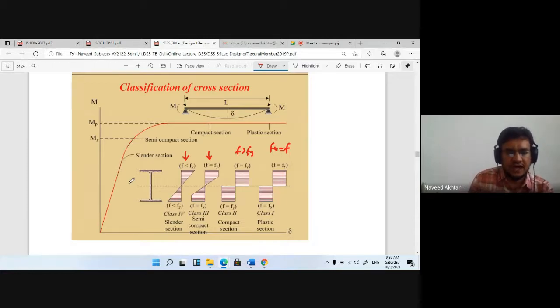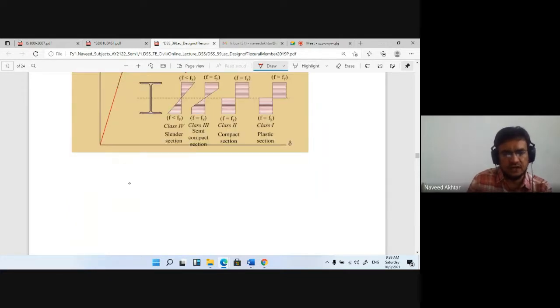Okay. So at yield stress, it is My, and the plastic moment capacity is MP. This is the moment curvature relationship of the cross section. It is called the moment curvature relation.